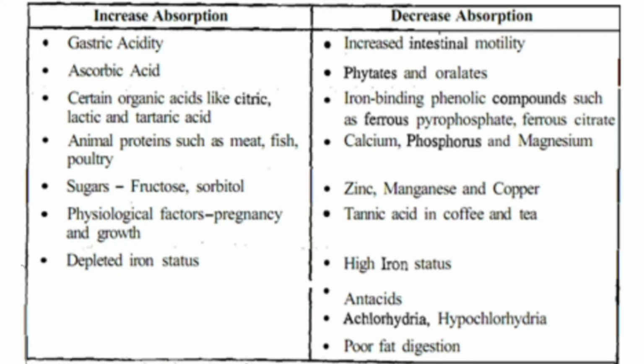Manganese and iron appear to have the same absorption pathway, so obviously if the intake of any one is high, the absorption of the other will decrease. In the same way, if manganese absorption is more in the body, then iron absorption can decrease. So these are all factors that can decrease or increase iron absorption.